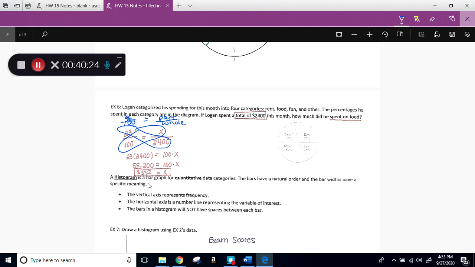You're going to get the same answer. 23 times 2,400 is 55,200. And then you would need to divide both sides by 100, like we did. It's just not shown here. Divided by 100, and get the $552. Okay, let's go on to the next example.